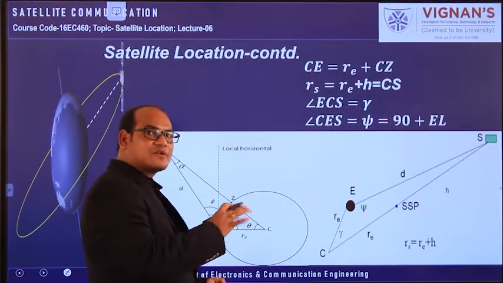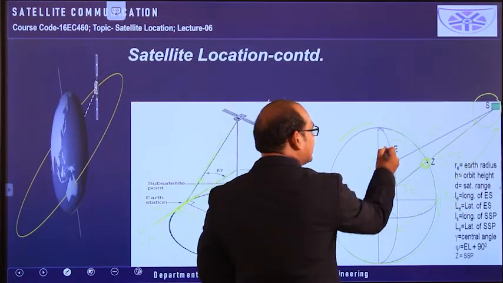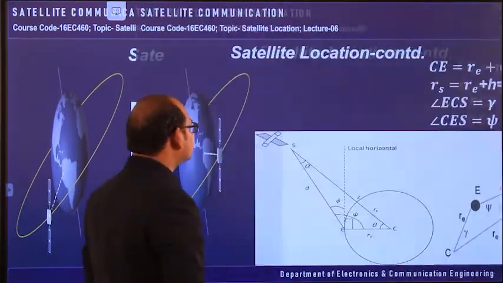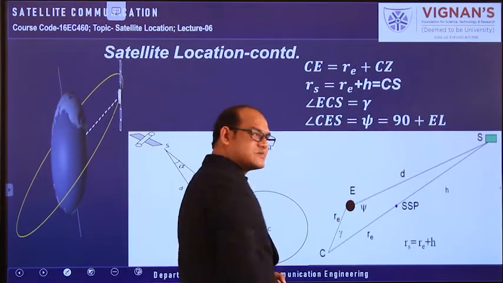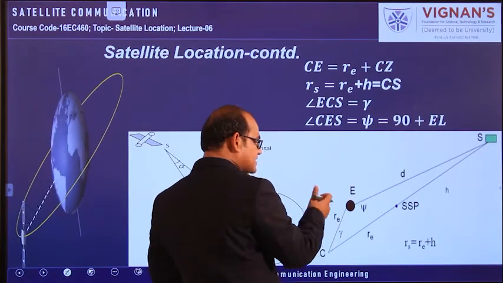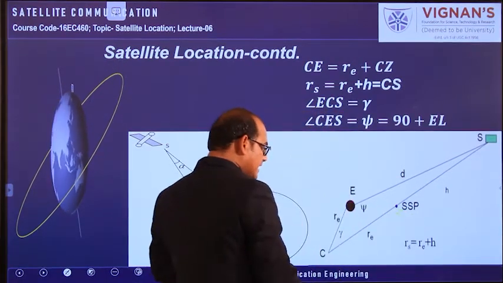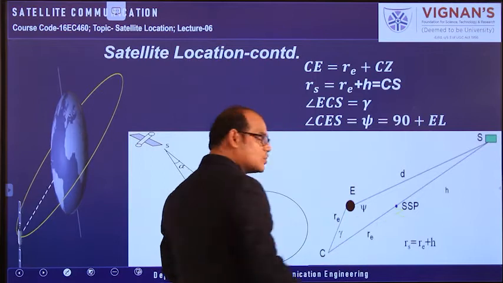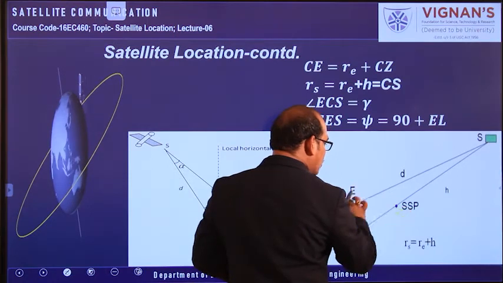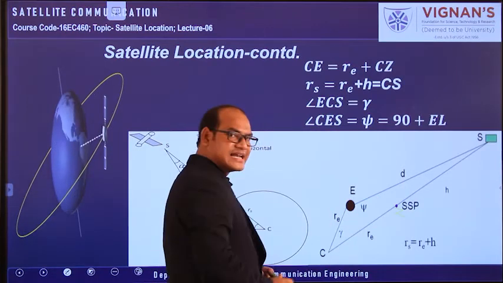So that triangle from the previous slide we have taken here. You see the triangle in this diagram. This is the triangle CES. That triangle we have taken in this diagram like CES. You can observe that one. So whatever I have told, the distances: CE is the radius of the earth represented with RE, and from C the subsatellite point is represented as Z. So the distance from C to Z is also the earth radius only, because the earth station and the subsatellite point both are available on the surface of the earth, and those two make the distance of RE from the center.